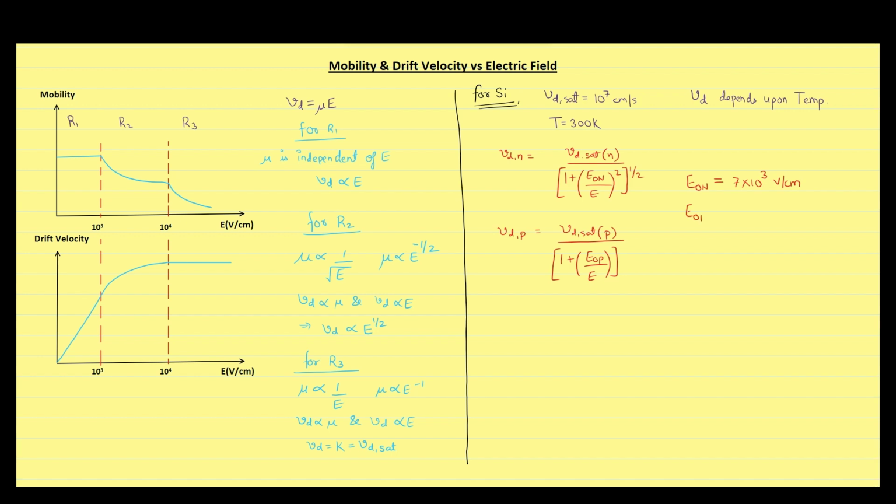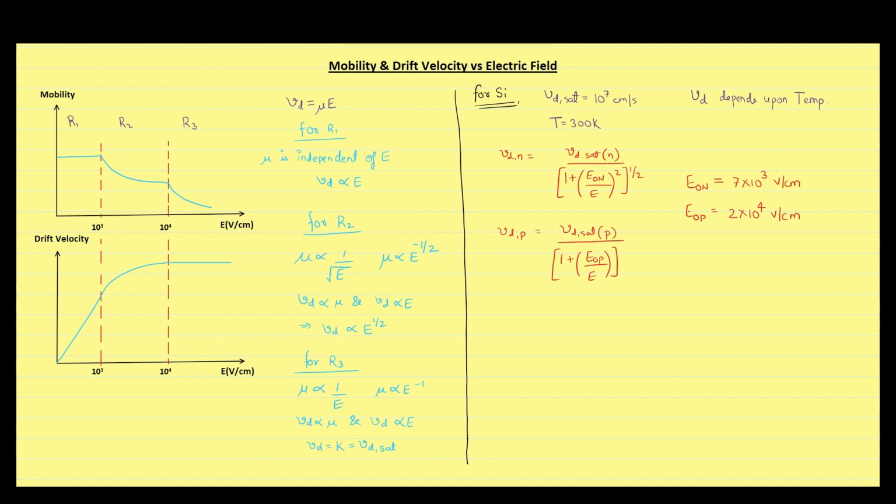Similarly, the value of EOP is equal to 2 into 10 raised to the power 4 volt per centimeter. These values of EON and EOP are not universal. These values are valid only for silicon semiconductor.